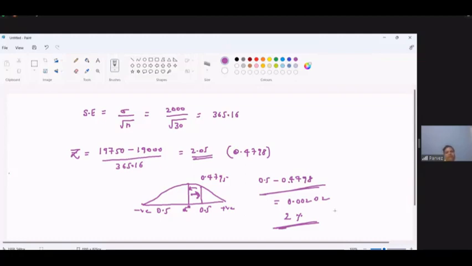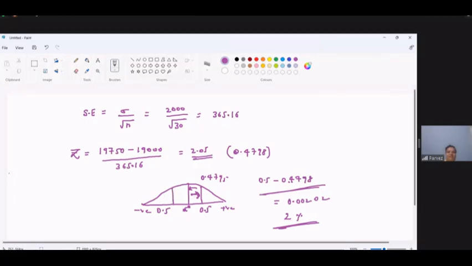Approx 2% I can say. So what I told: when it's positive or more, you subtract from 0.5. When it's less or negative, you add in 0.5. Is it clear what I said?